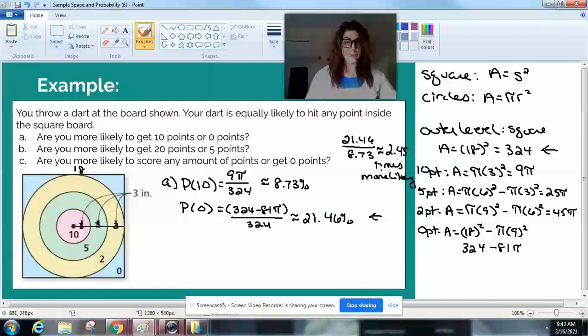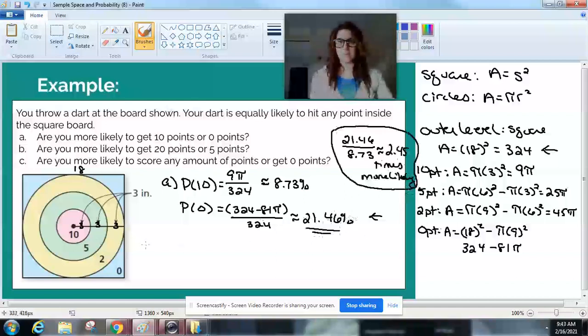Okay, so this is just a side note if they ask you that, because they could ask you how many times more likely. You just divide, because remember, division is undoing a multiplication that we had. So the probability of getting a 0, 2.45 times more likely, and we can clearly see it as the higher percentage here.